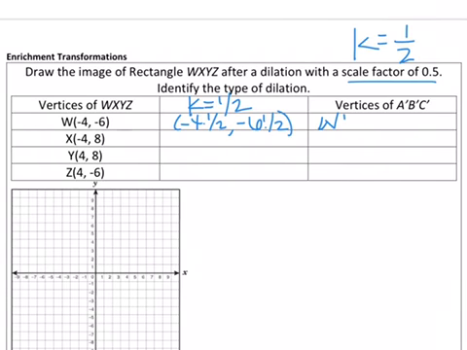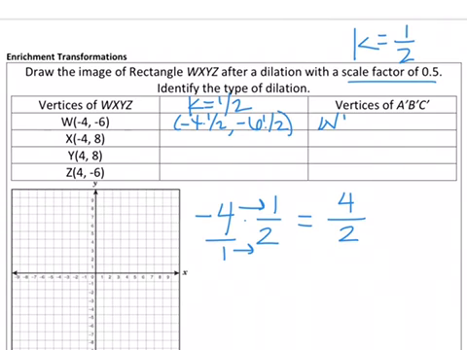Now, I'm going to show you the work on this first problem, and then hopefully you won't need it again. So I have -4 times a 1/2. If you're multiplying with fractions, we need both numbers to become a fraction. So we make the 4 over 1, and I hope you remember you multiply across. So we have 4 times 1 is 4 over 1 times 2, which is 2.